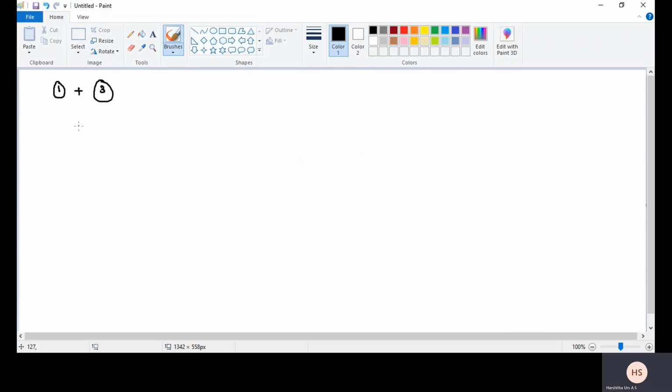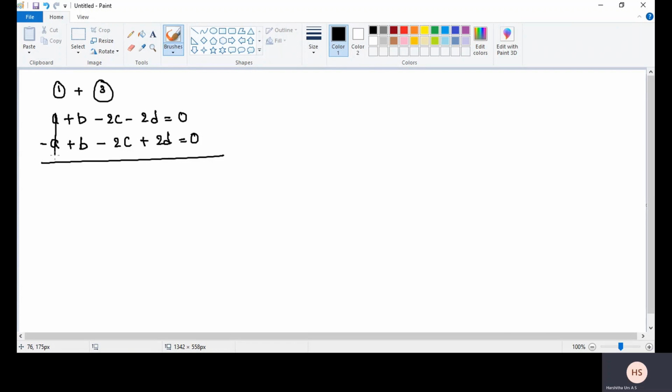Equation 1 is a plus b minus 2c minus 2d is equal to 0. Equation 3 is minus a plus b minus 2c plus 2d is equal to 0. Minus a plus a, minus 2d plus 2d will get cancelled. Remaining will be 2b minus 4c is equal to 0. That implies b minus 2c is equal to 0. Call this one as equation 4.